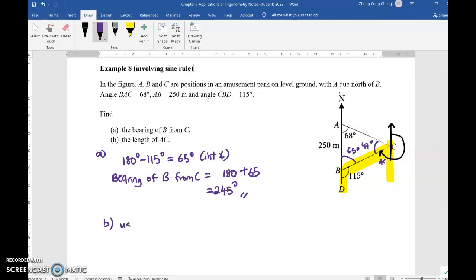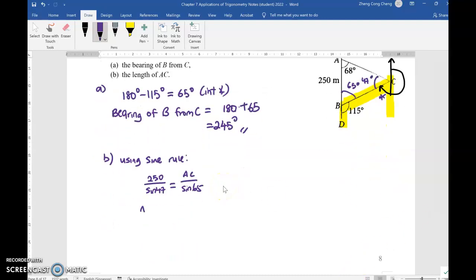So using sine rule, 250 over sine 47 must equal AC over sine 65. Cross multiply, we will have AC sine 47 equals 250 sine 65.